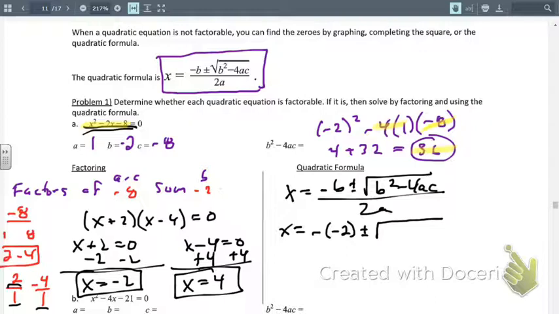Well, we already calculated what that was. It was 36, all over 2 times 1. So negative 1 times negative 2 gives me 2. So we have 2 plus or minus the square root of 36, which is 6, all over 2.